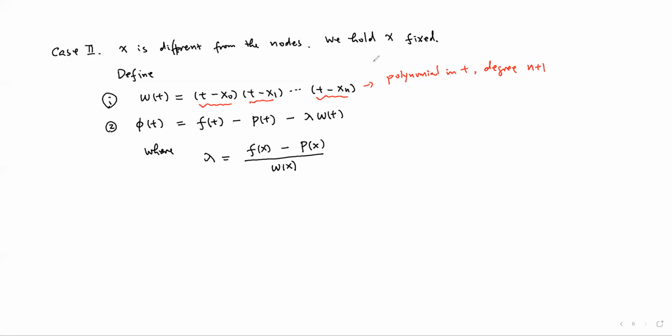I assume x is different from the nodes, so w(x) is a non-zero number. Plug in x for t; because x is different from the nodes, this product is non-zero, so we divide by a non-zero number.